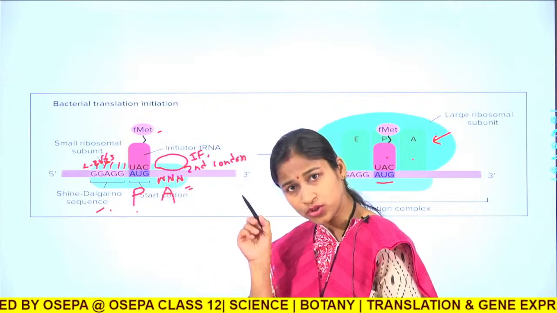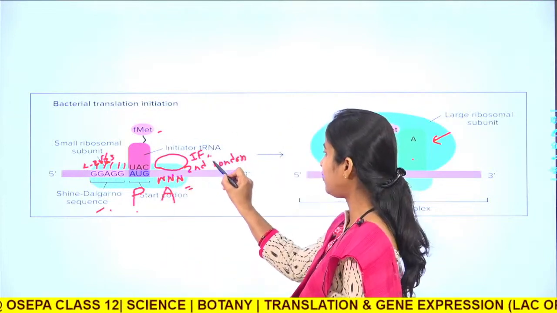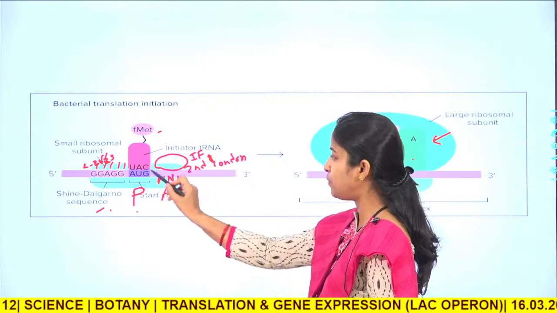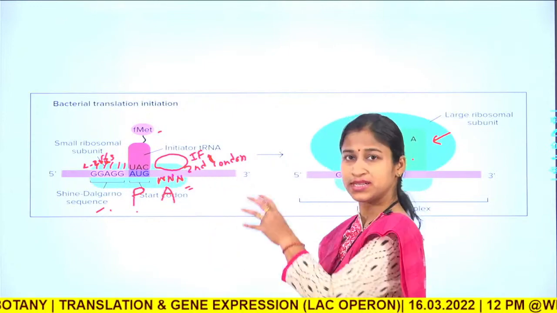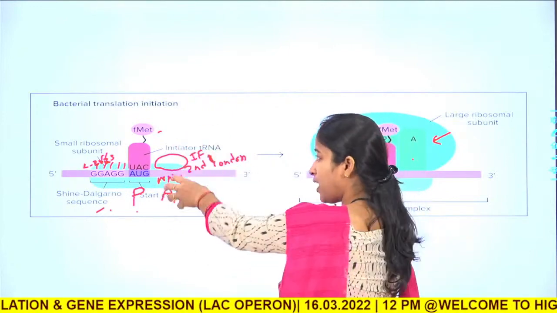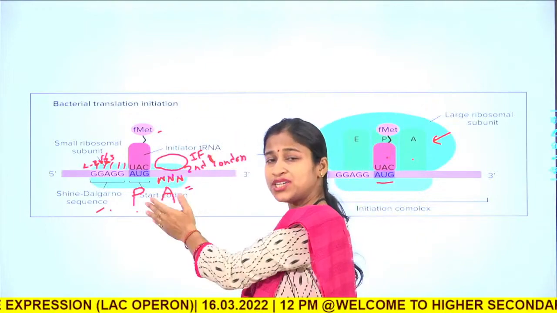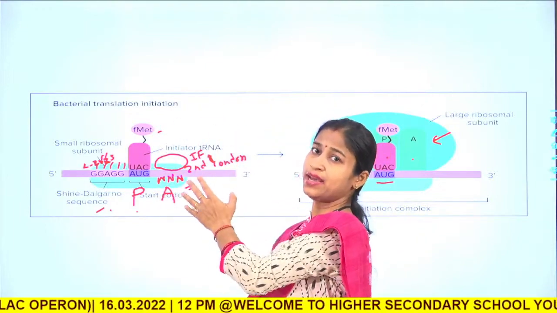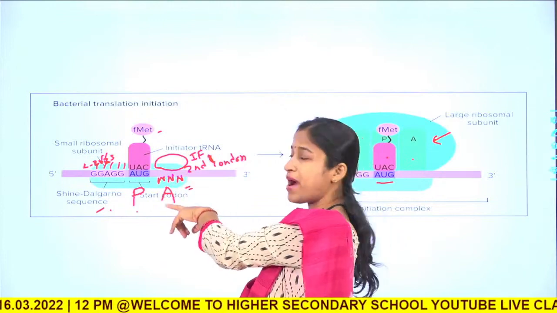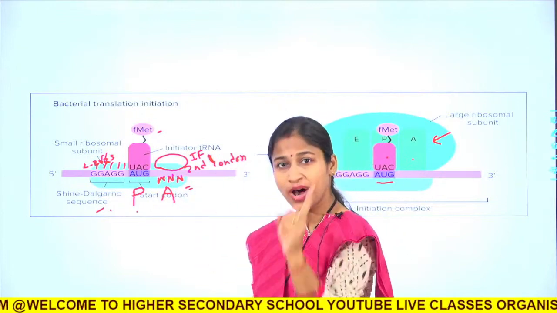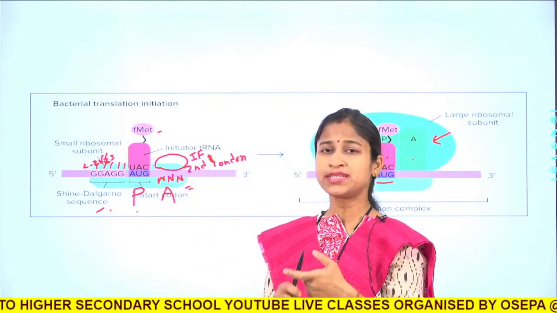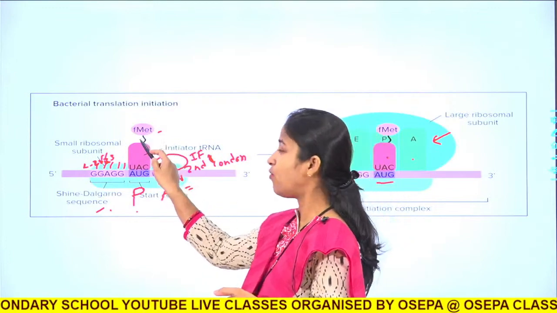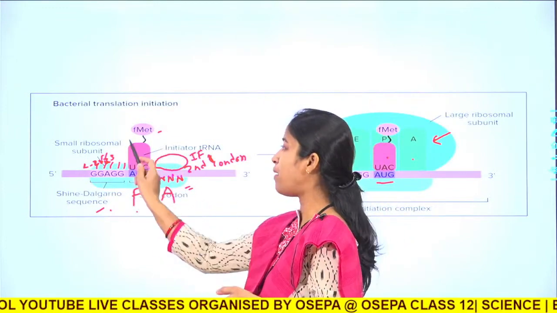So in order to prevent that, the initiation factor IF1 binds to the aminoacyl site. That is why it blocks the freshly incoming charged tRNA which may bind to the A site. So for the first instance, the tRNA carrying the formylated methionine will bind to the P site.